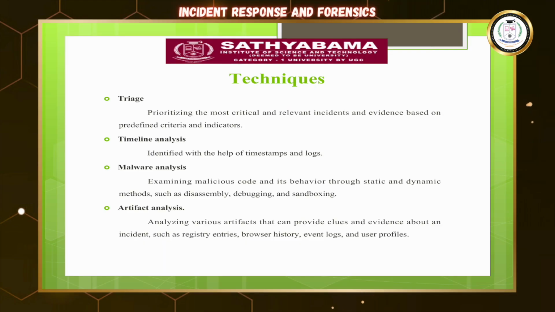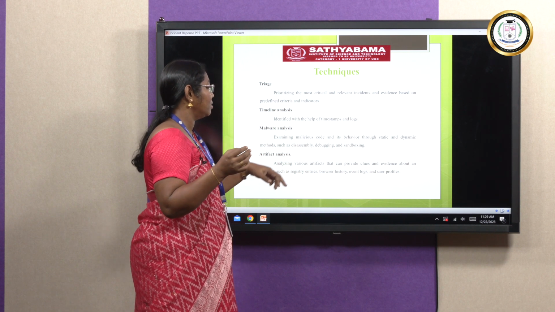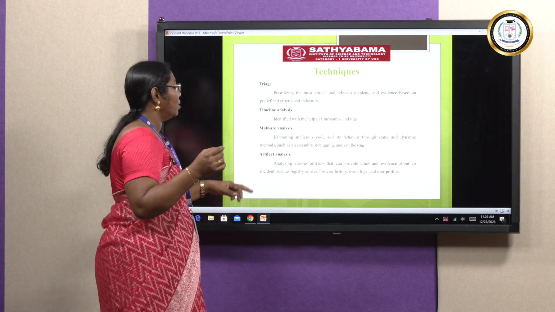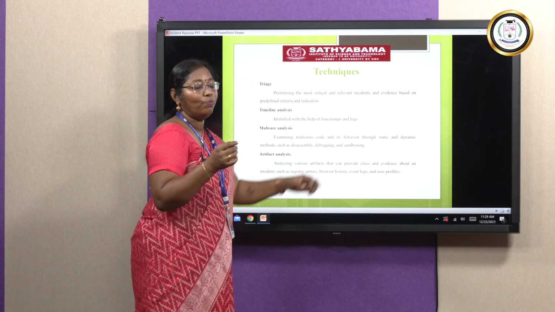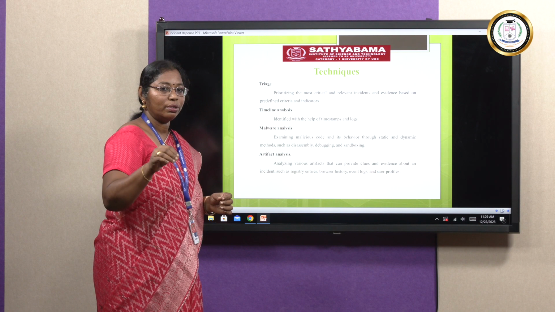And timeline analysis: depending on the timestamps, we do the process. So that is one of the techniques, timeline analysis. With timestamps and logs, we can identify when the system was used and by which person.